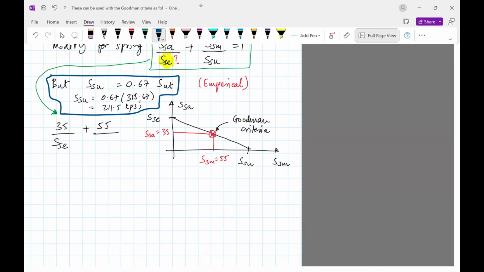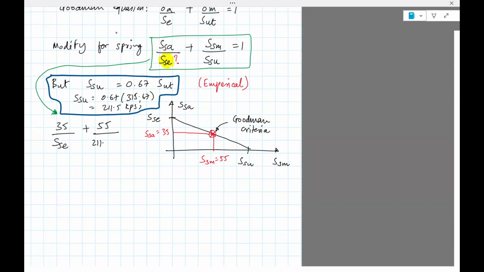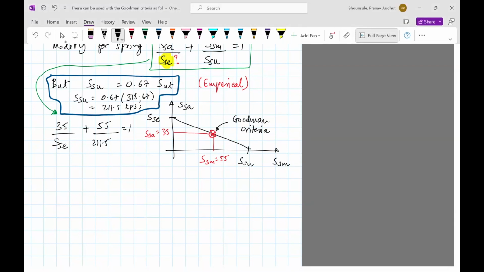Now I'll put this value here, 211.5, equals 1. So let's move it down.